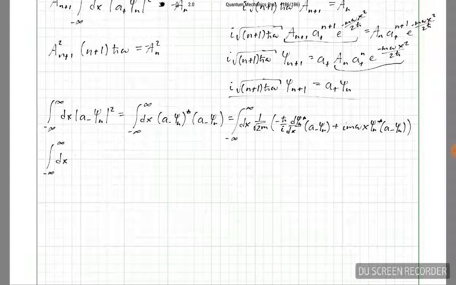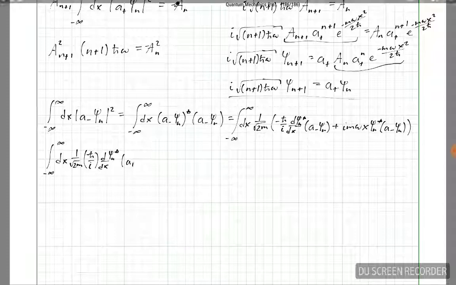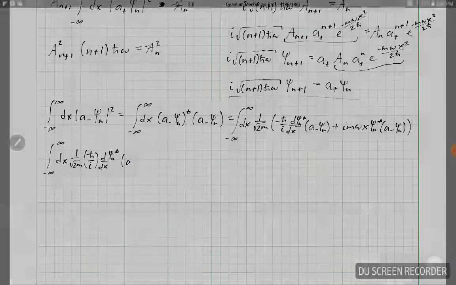Now I'm just going to break that into two integrals. That is A minus.